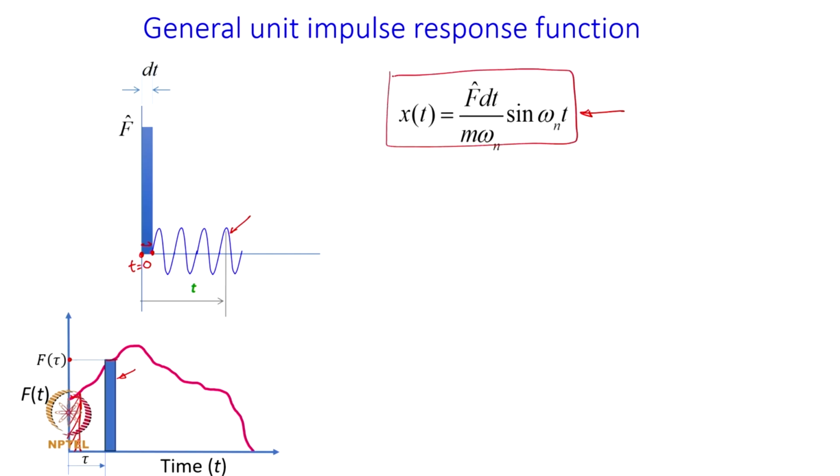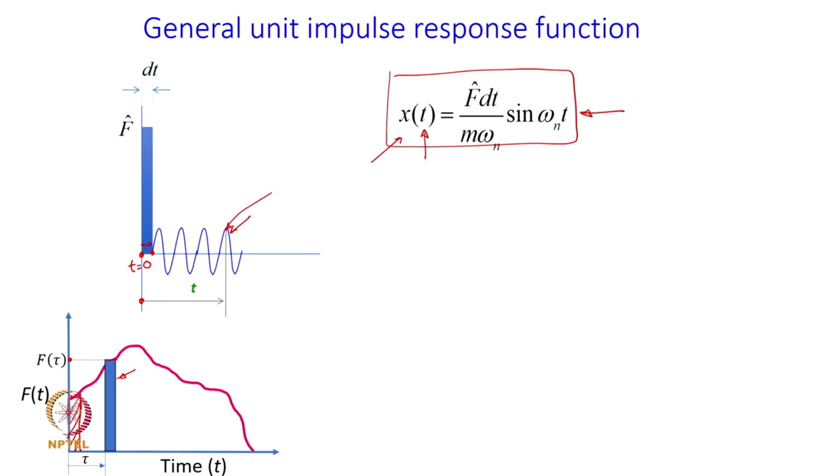Why is that not valid? Because it tells us that the response is at time t, which is recorded from this initial t equal to 0, and therefore, if the response is found using this expression for an impulse which is not starting at t equal to 0, we may end up predicting that the response is given by this value.